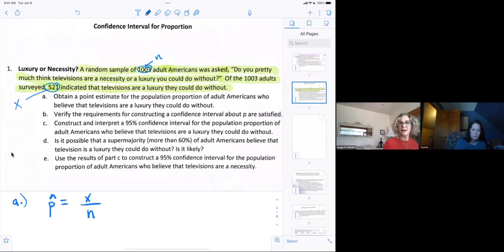It's just one value. And that's where we've grown from just having one specific value that estimates the population to now confidence intervals, which is an interval of values that estimate.